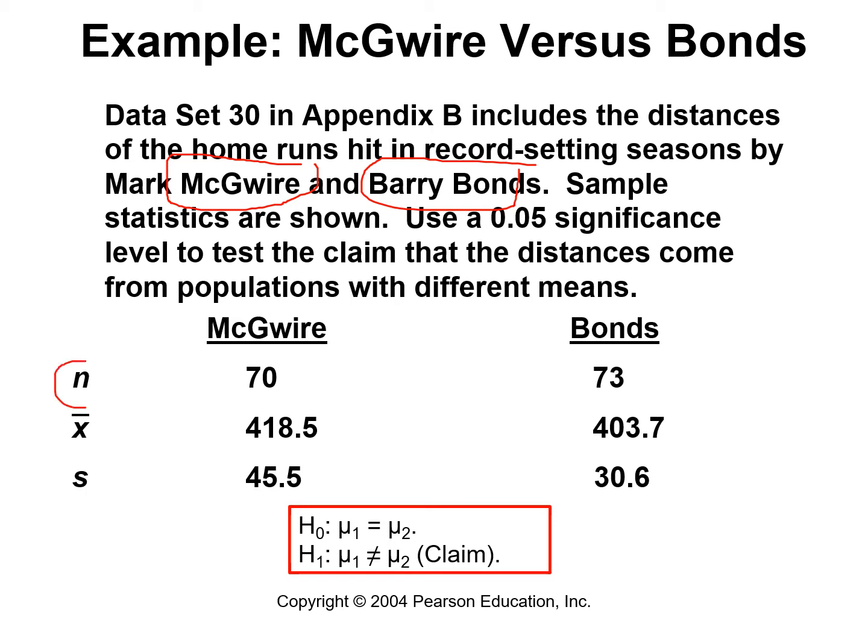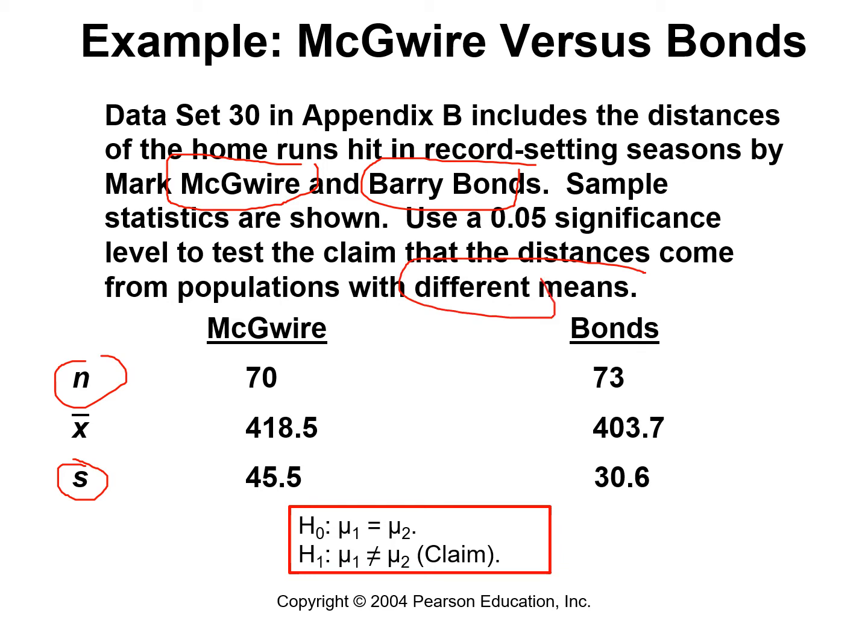For McGwire, sample size n1 is 70, and for Bonds it is 73. X bar, the mean of sample 1, is 418.5, and the second is 403.7. S, the standard deviation of the first set, is 45.5, and the standard deviation of the second set is 30.6. Use 0.05 significance level to test the claim that the distances come from populations with different means.